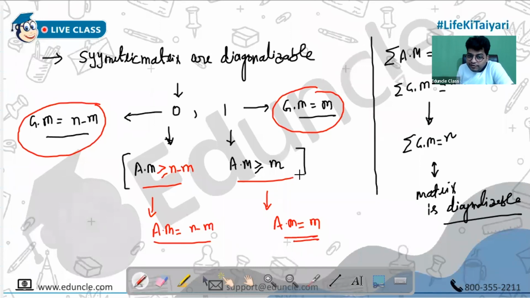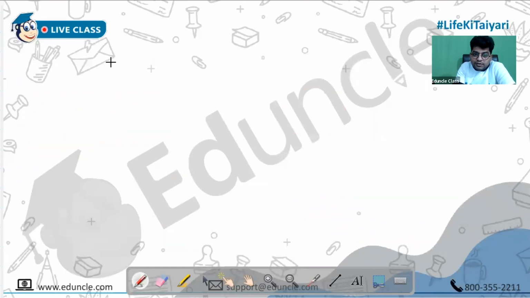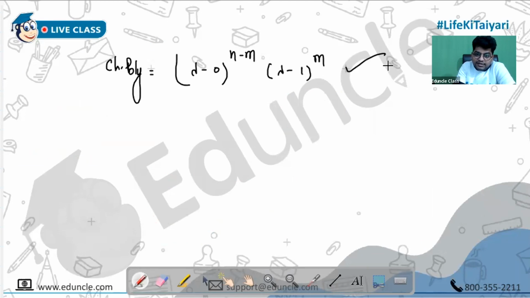That is possible if and only if the algebraic multiplicity of 0 is n minus m and the algebraic multiplicity of 1 is m. So you can write the characteristic polynomial in this case as lambda minus 0 to the power n minus m, and lambda minus 1 to the power m. Is it clear?